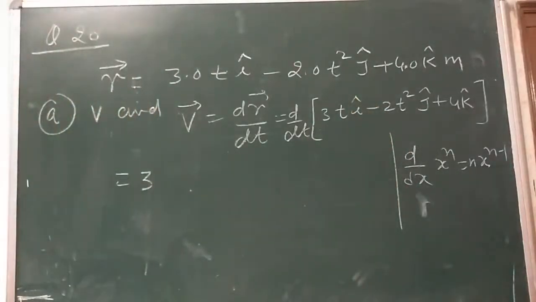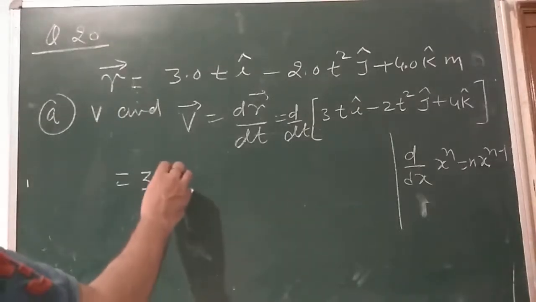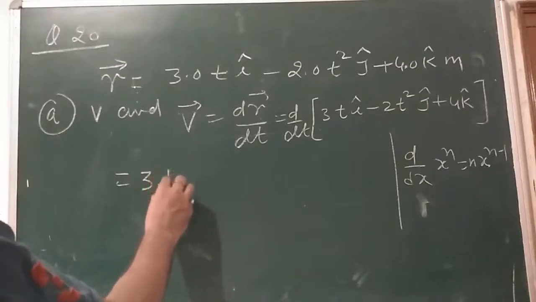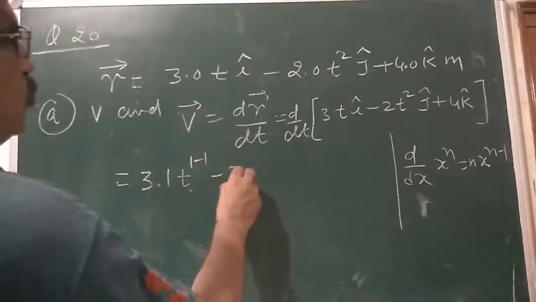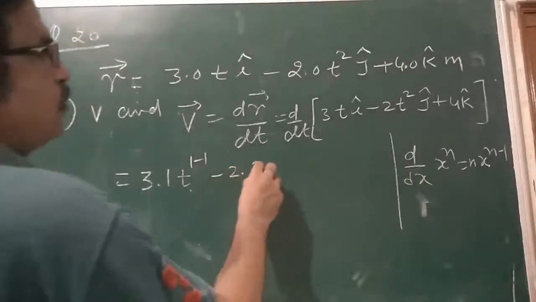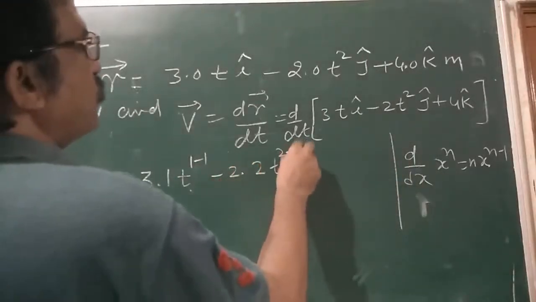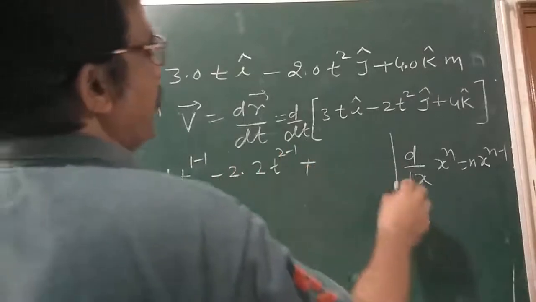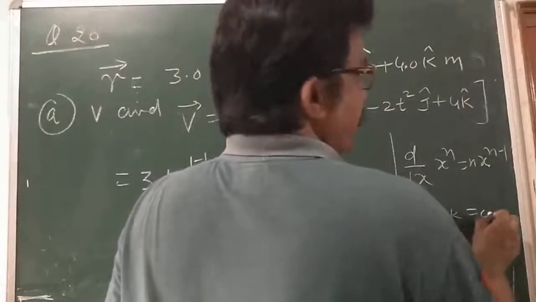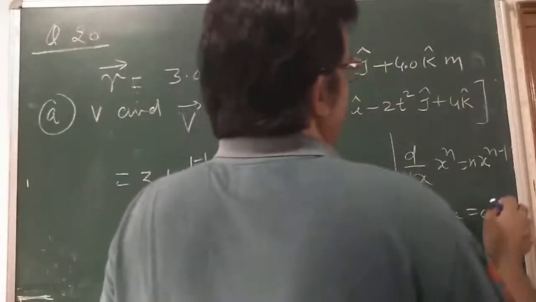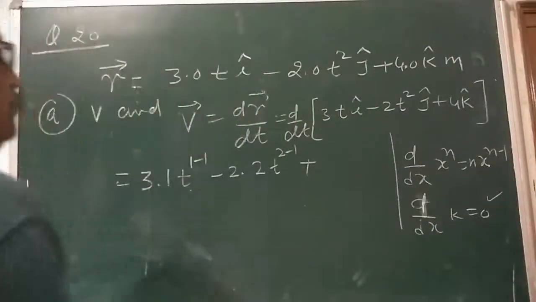Then minus 2 t to the power 2, that is 2 t to the power 2 minus 1. Differentiation of any constant quantity is 0.